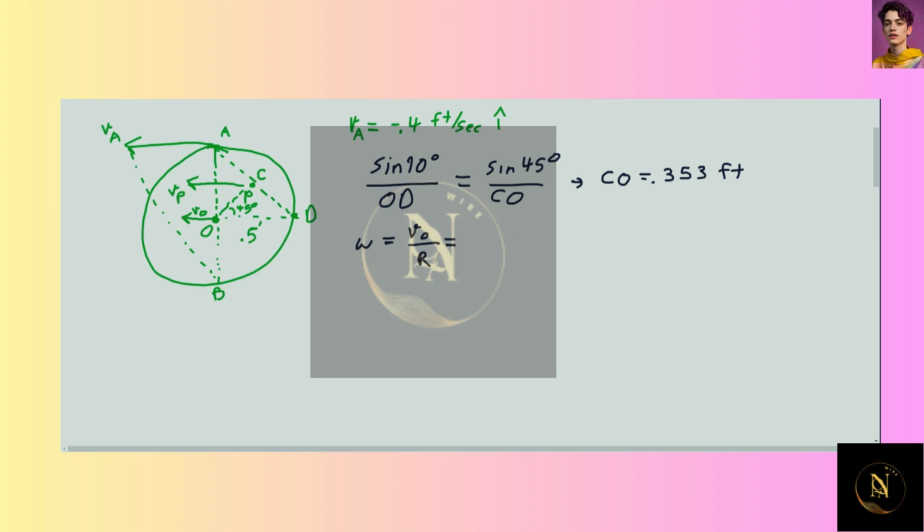The velocity the gear is moving is simply going to be half the velocity that A is moving at because B is fixed. So half the distance up at VA must be half of that. So that's 1/2 VA divided by R. And we find then that omega must be 0.4 radians per second when we put in VA and R, which is half a foot.